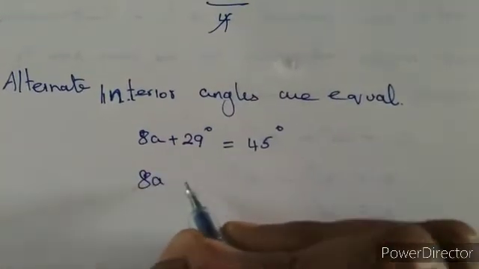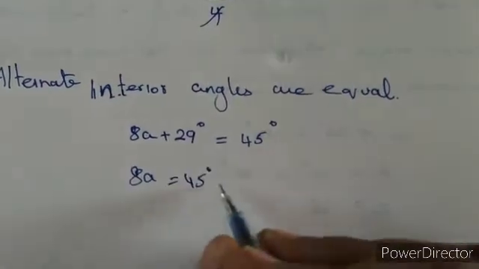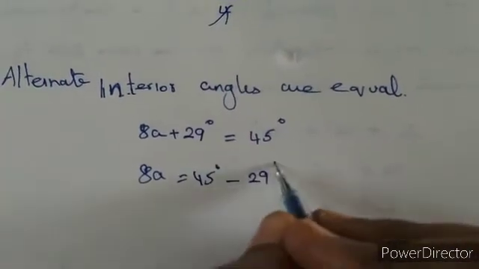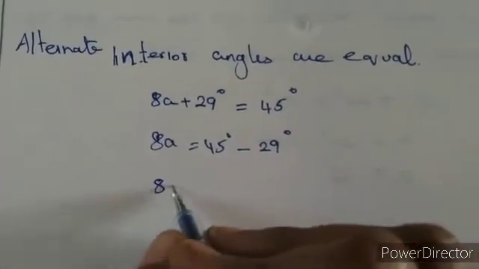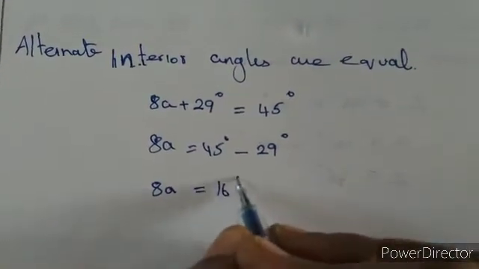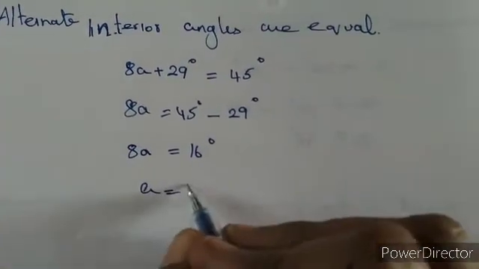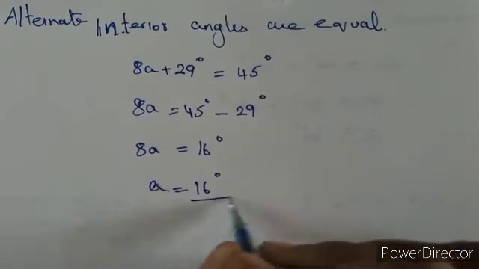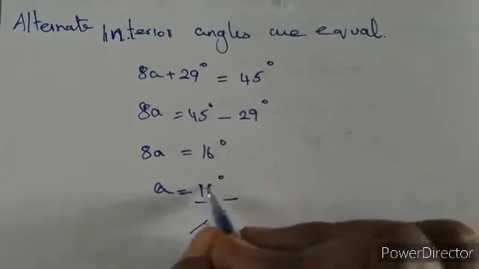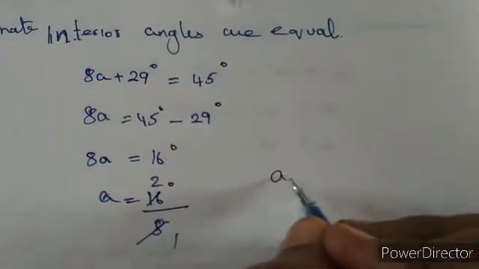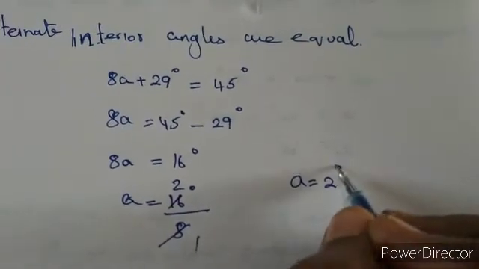So 8A equal to 45 degree, transposition is minus 29 degree. So 8A equal to 16 degree. So A equal to 16 degree divided by 8. 8 ones are 8, 8 twos are 16. So A equal to 2 degree.